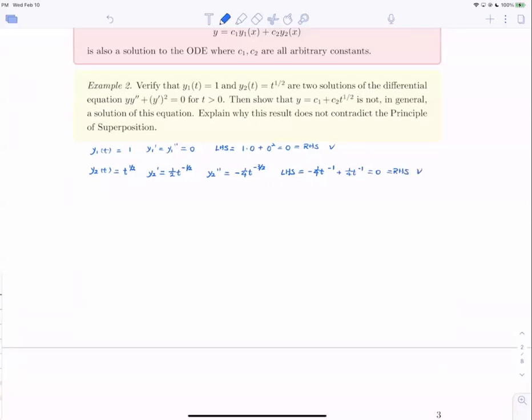So I checked if y1 and y2 are solutions, and indeed they are. Now I want to show that the linear combination of those two is not a solution in general. So let's check.